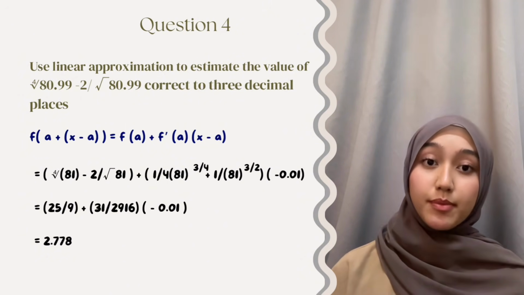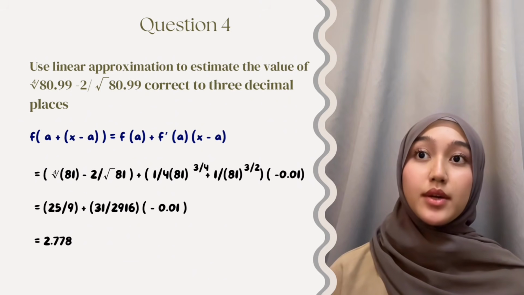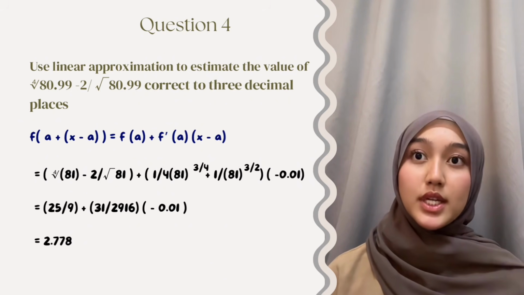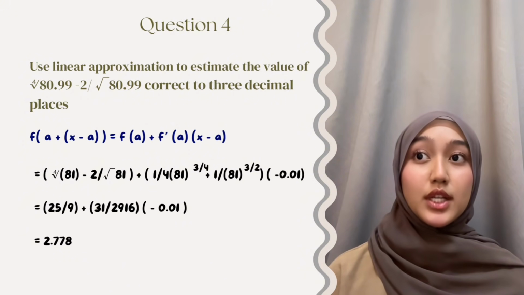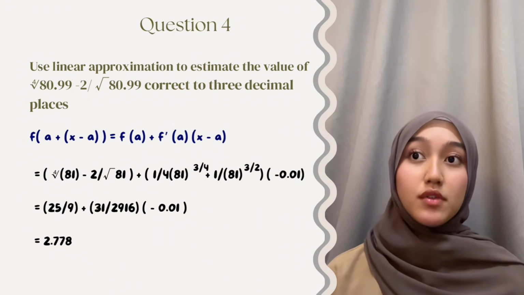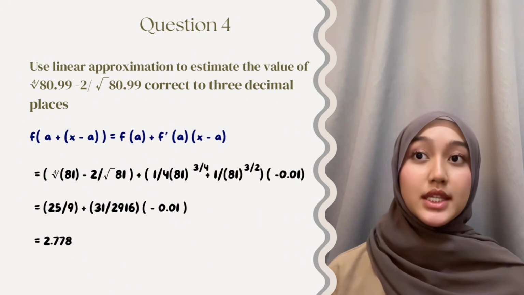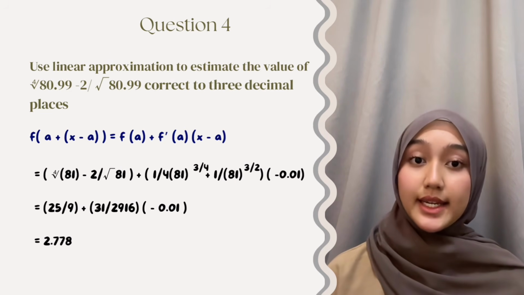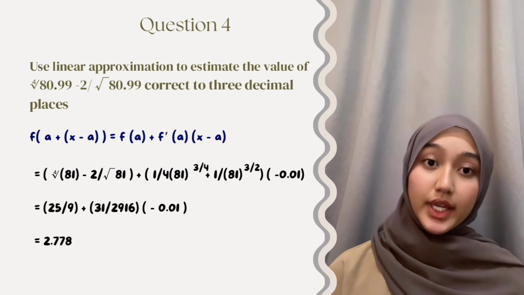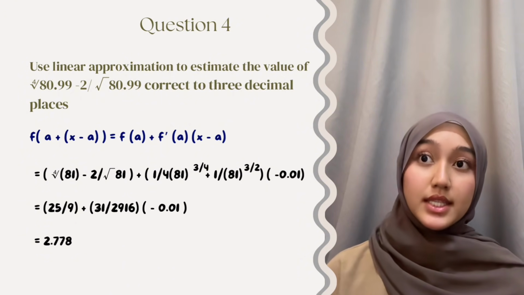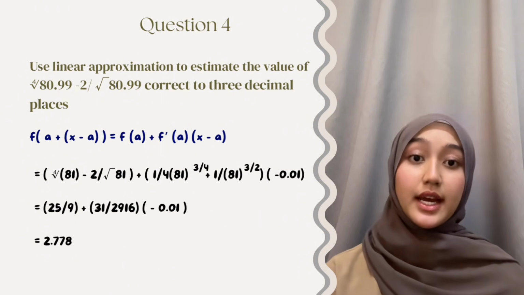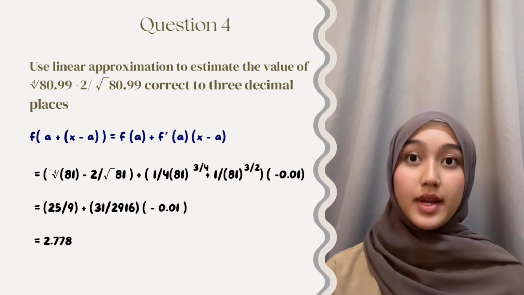And for f prime a, we have 1 over 4 times 81 to the power of 3/4 plus 1 over 81 to the power of 3/2, equal to 31 over 2,916. And now we can calculate everything, which is 25 over 9 plus 31 over 2,916 times negative 0.01.